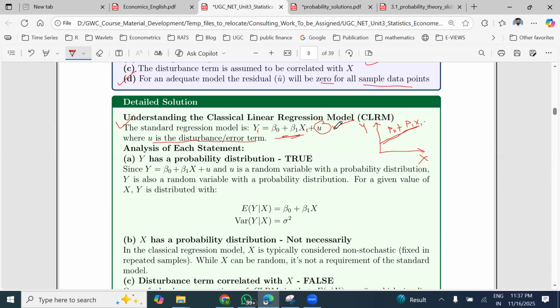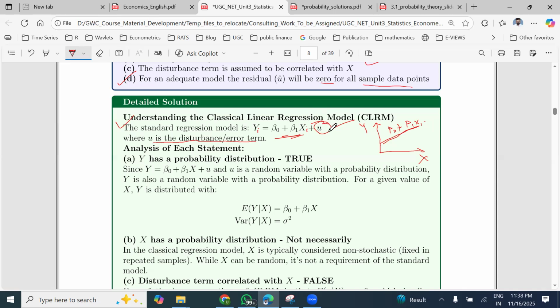Now what I asked you, what is the disturbance or error term? Sir, random variable. Random variable I know. Why is it included in the standard linear regression model, classical linear regression model? To cancel out the differences, sir.